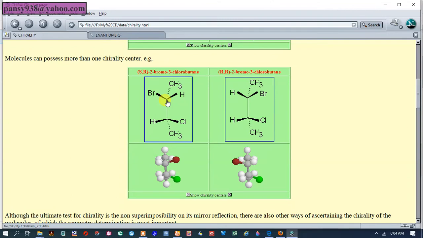For example, this carbon atom has a hydrogen, a methyl, a bromine, and this larger group, and this second carbon atom has a chlorine, methyl, hydrogen, and this structure attached. So both these carbons are chiral, which are carbon number 2 and 3 in this compound.